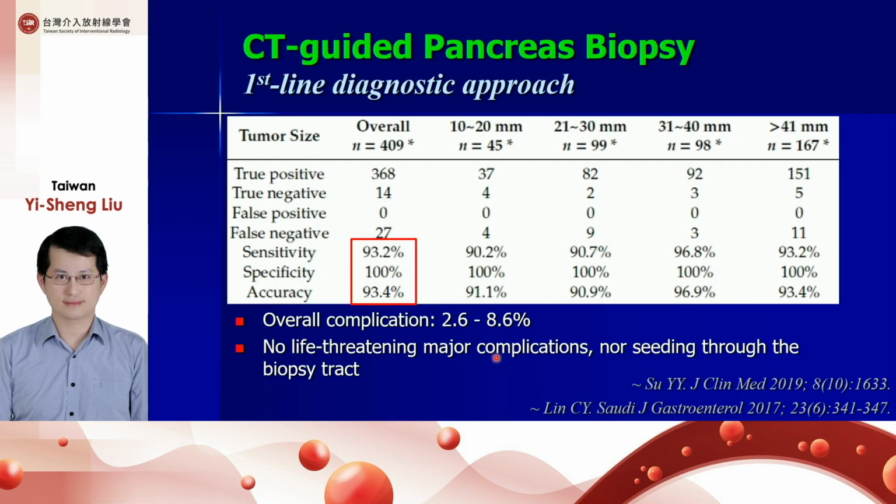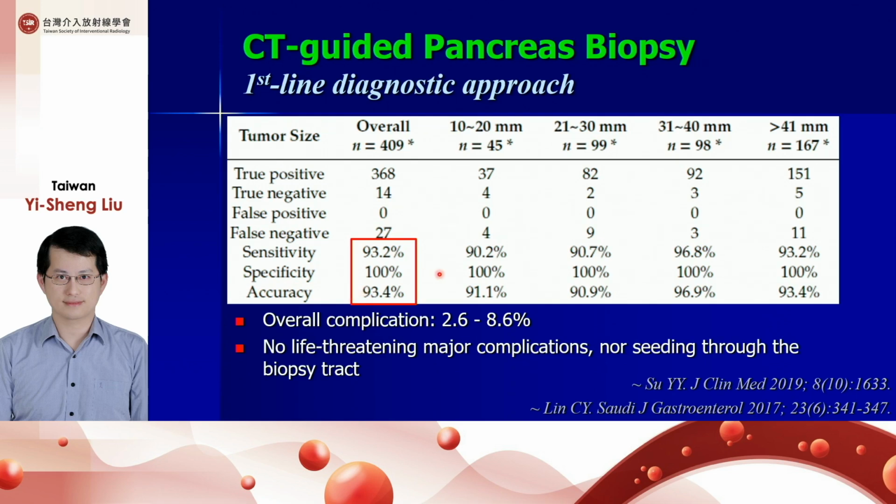This slide shows the efficacy of CT-guided pancreas biopsy in our hospital as a first-line diagnostic approach. It was in the era before US-guided biopsy came up. And with the fat traversing technique, the sensitivity, specificity, and accuracy are high.